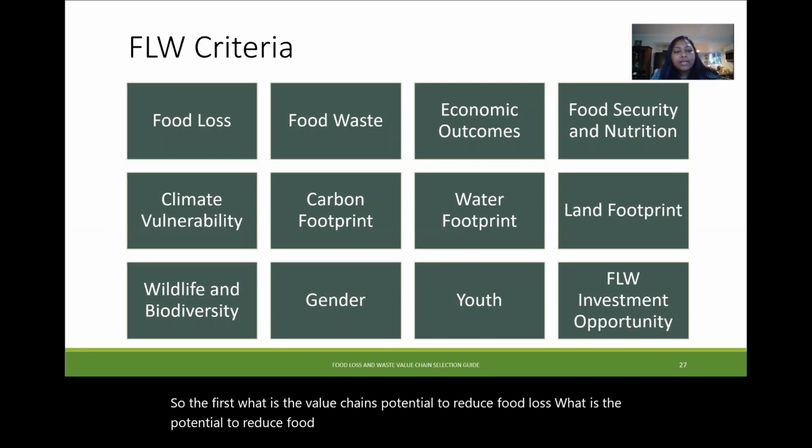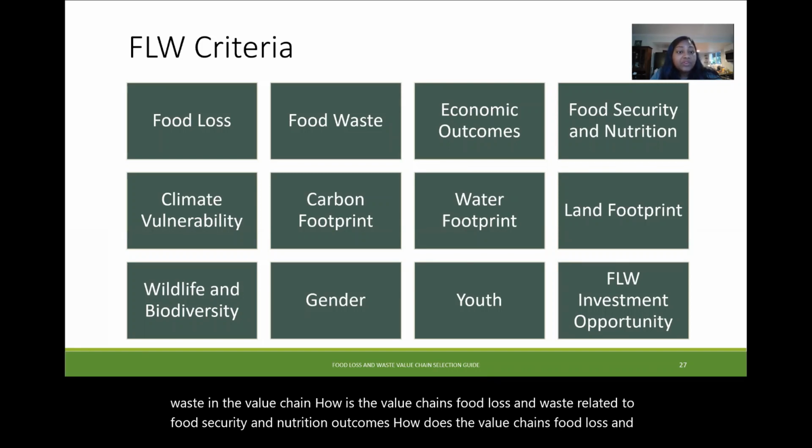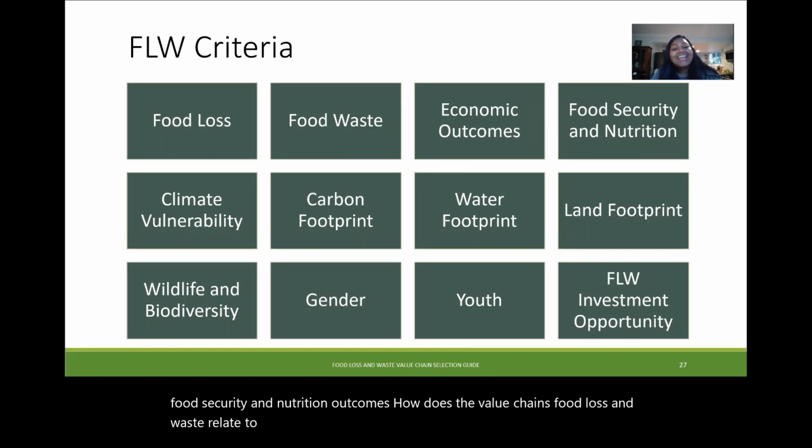What are the economic outcomes of food loss and waste in the value chain? How is the value chain's food loss and waste related to food security and nutrition outcomes? How does the value chain's food loss and waste relate to climate vulnerability, to carbon footprint, to water footprint, to land footprint?